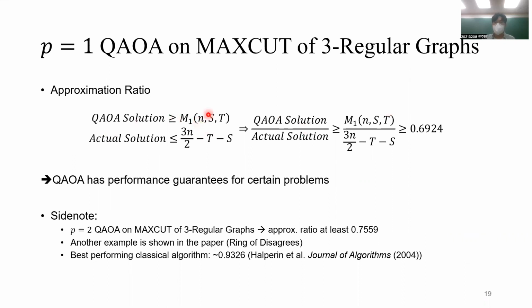This M1 is a theoretical maximum, but we assume that the QAOA solution, if the optimization is good enough, it doesn't even need to be perfect, we can get a bit string which is larger than this mean. Since this is a mean, it can contain even the probabilities for non-solution bit strings, so it will be lower than the actual solution. So we assume that the QAOA solution is larger than this one, which means that we have a good enough maximization.